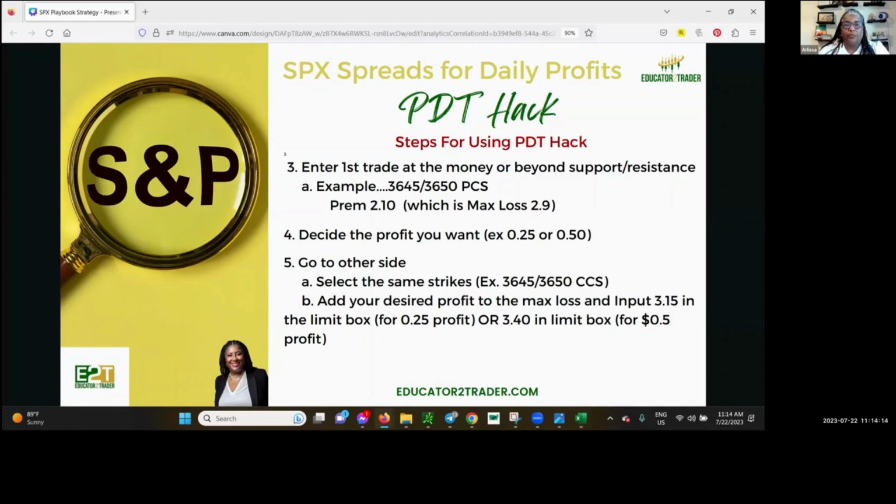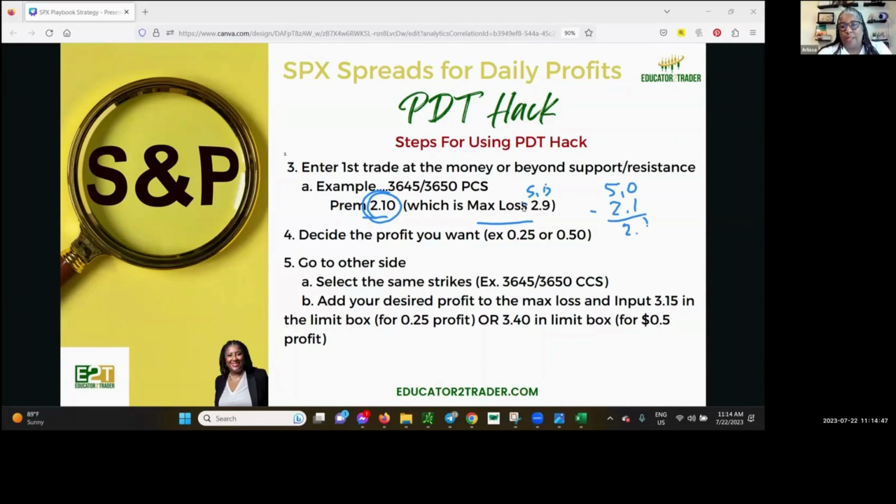For example, you can do a 36.45 put credit spread, take in a premium of 210, which is a max loss of 2.9. I want to talk about premiums and max losses, because that's going to be part of the math that you need for putting your PDT hack on. If you receive 210, you take the $5, or 500, and subtract the 210.